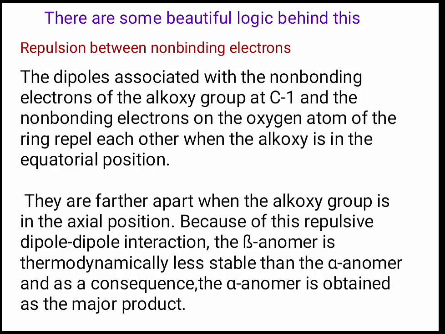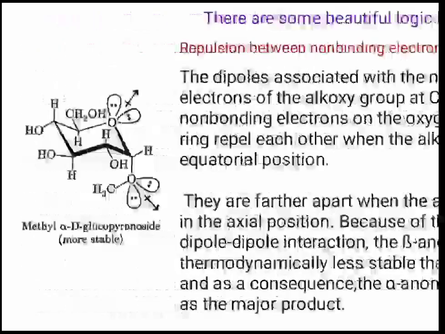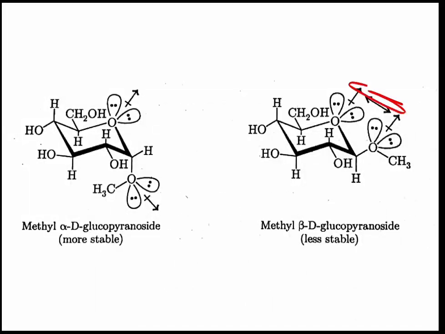The first point is repulsion between non-bonding electrons. The dipoles associated with the non-bonding electrons of the alkoxy group at C1 and the non-bonding electrons on the oxygen atom of the ring repel each other when the alkoxy is in the equatorial position. That means these two lone pairs are repelling each other.